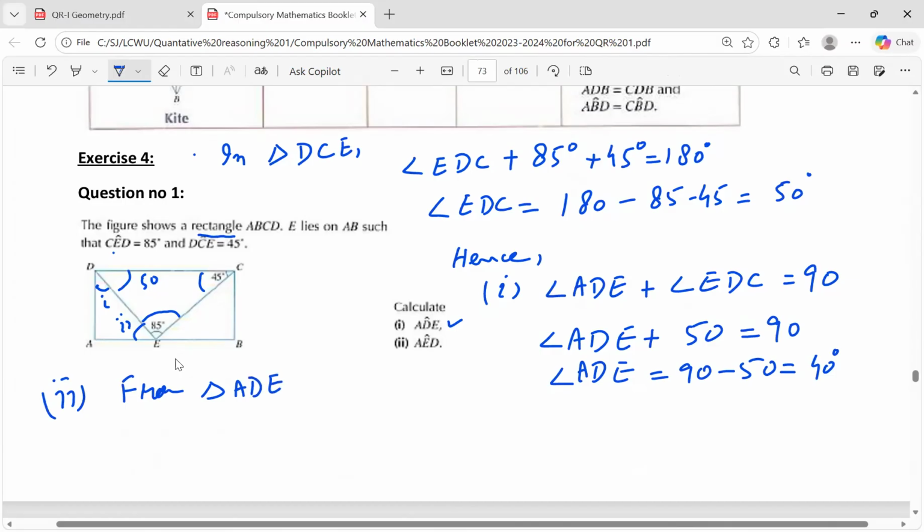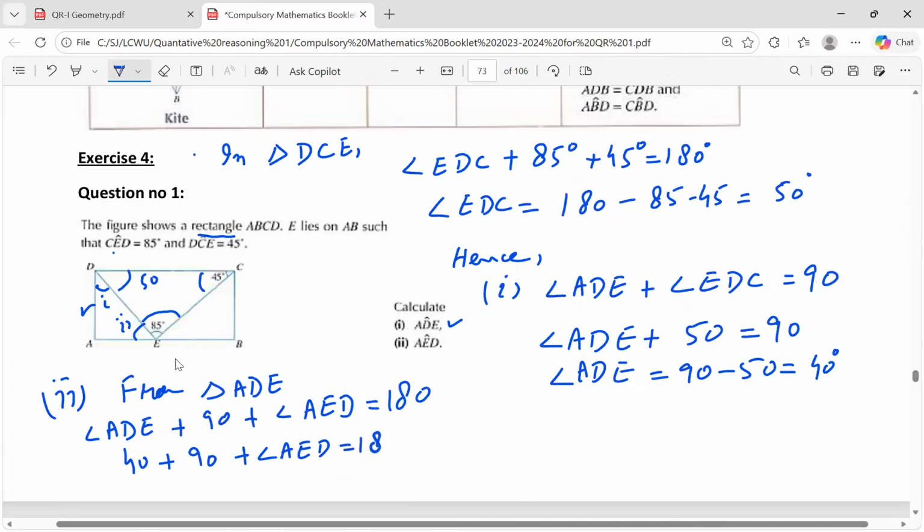The sum of three angles is equal to 180 degrees. Angle ADE, which you have just computed in part 1, is 40 degrees, plus 90 degrees at angle A, plus the third angle that you need to find, angle AED. The sum of three angles of this triangle is equal to 180 degrees. So 40 plus 90 plus angle AED is equal to 180.